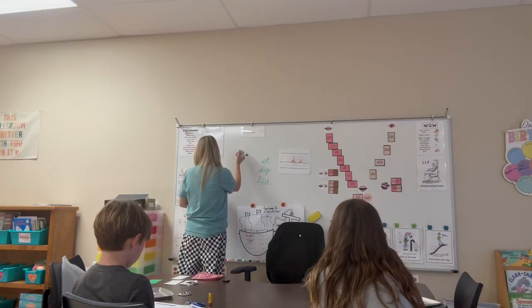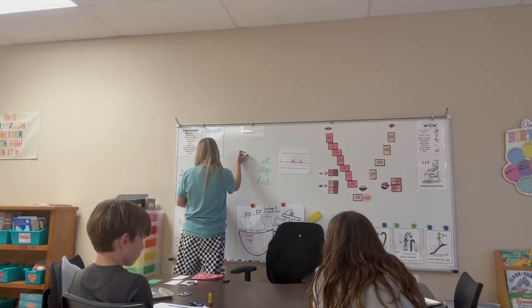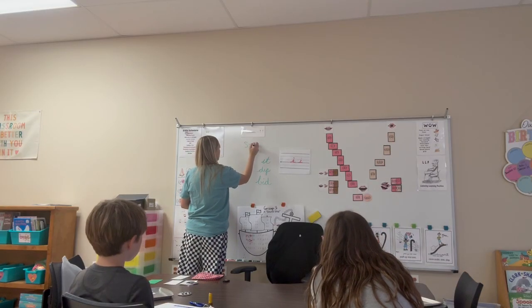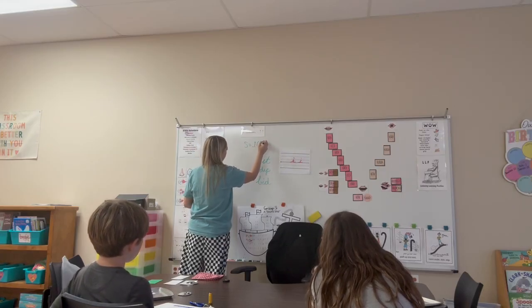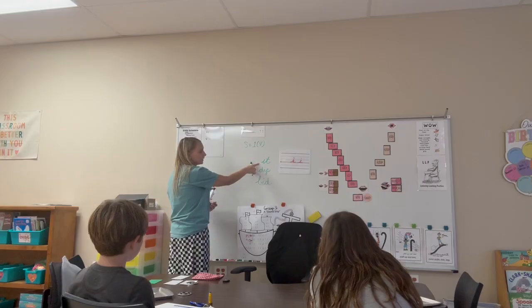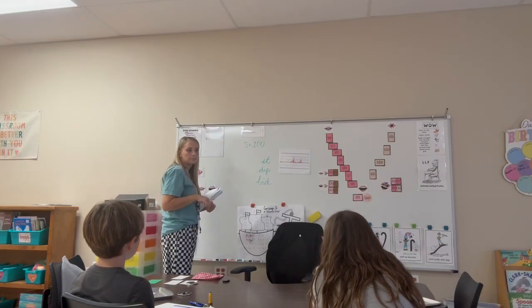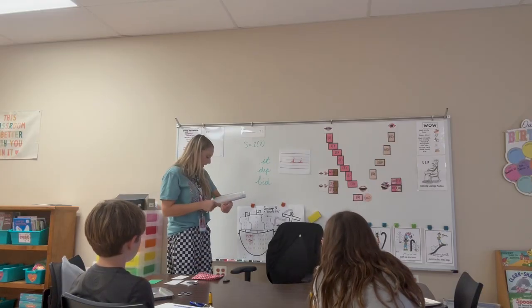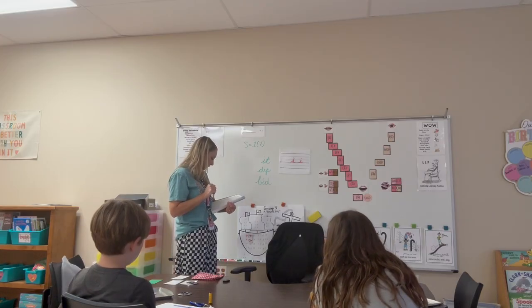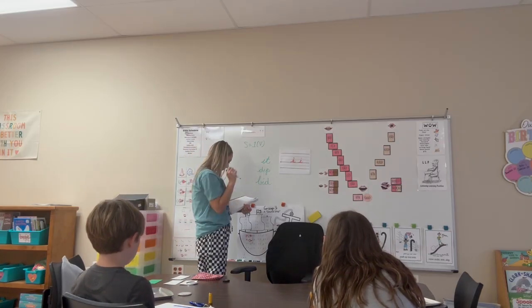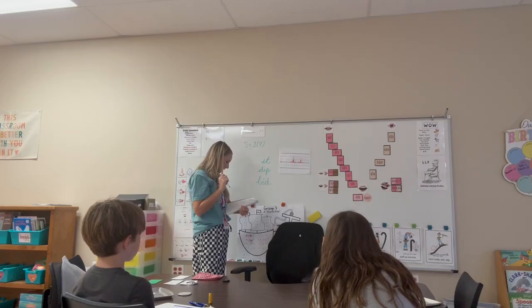I'm gonna write this up here for you to remember. A syllable has one vowel sound, okay? So, would you say that this is a syllable? Yes. Does it have a vowel? Yeah. Okay, so the letter I is a vowel and it is in a closed syllable because a consonant comes after it and in the same syllable.